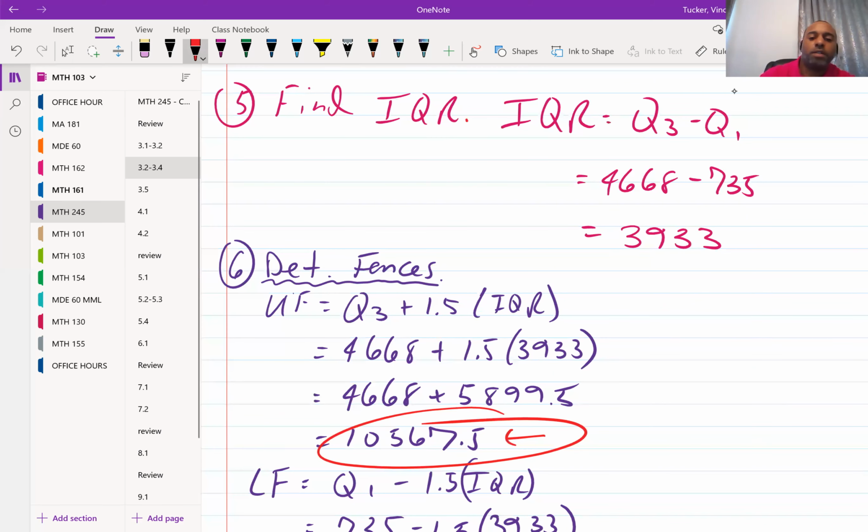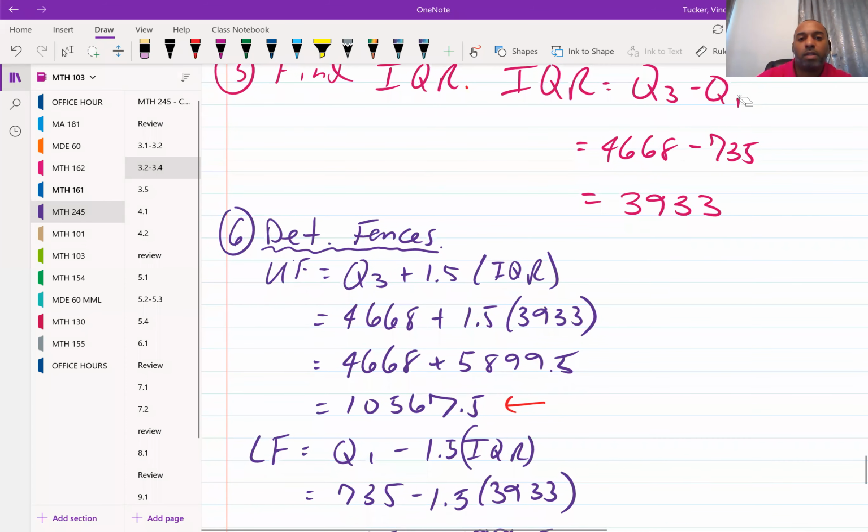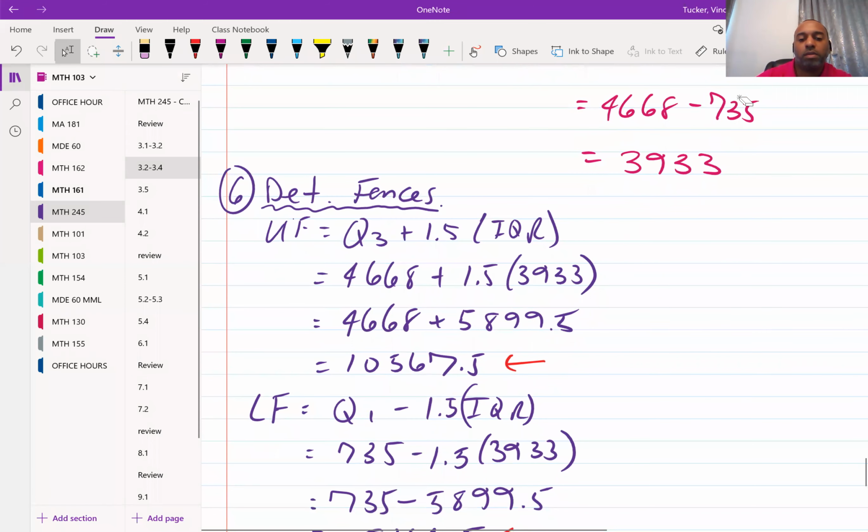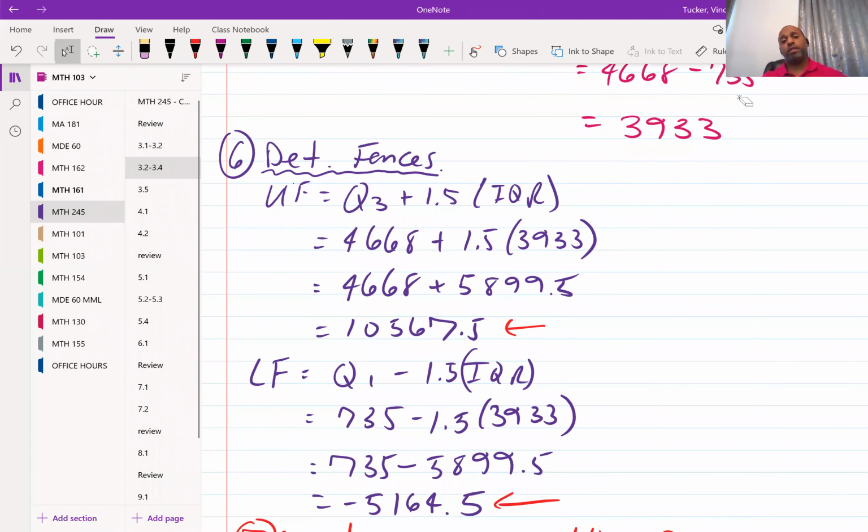That gives us 10,567.5. And our lower fence, Q1 minus 1.5 times the IQR, ends up being negative 5164.5.